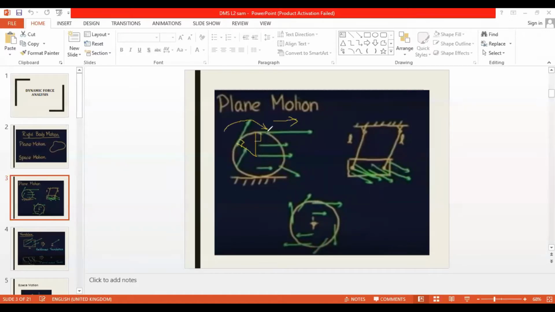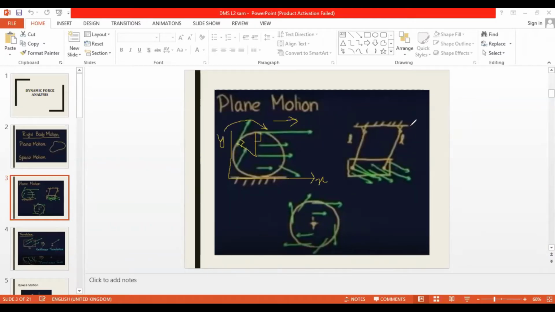So all these particles are moving in a particular plane. If I consider this as y and this as x, we can define the motion of any of these particles in this xy plane. We'll take another example. This is a kind of hanging object.